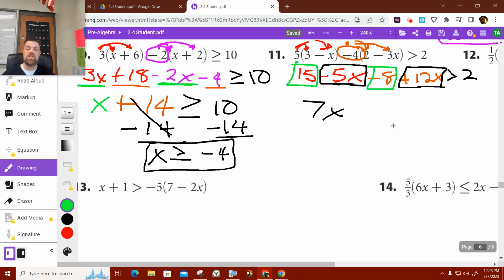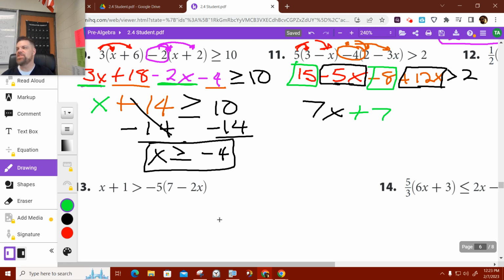Or you could think of it as 15 minus 8. What do you think it is? Positive 7. Now, I'm saying positive and negative, but really I want to remind you guys we're going to add.